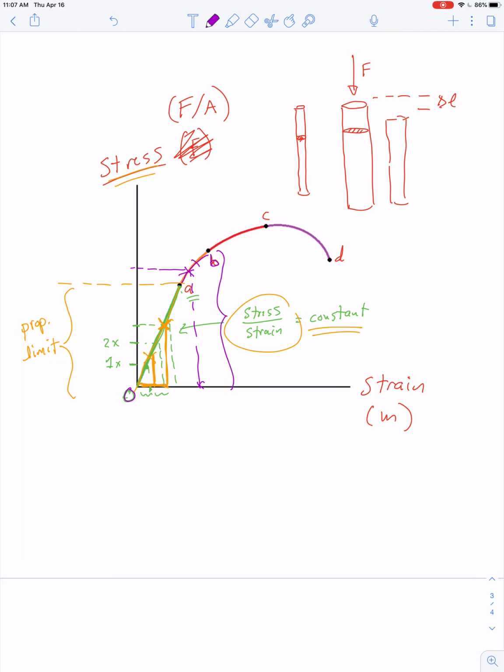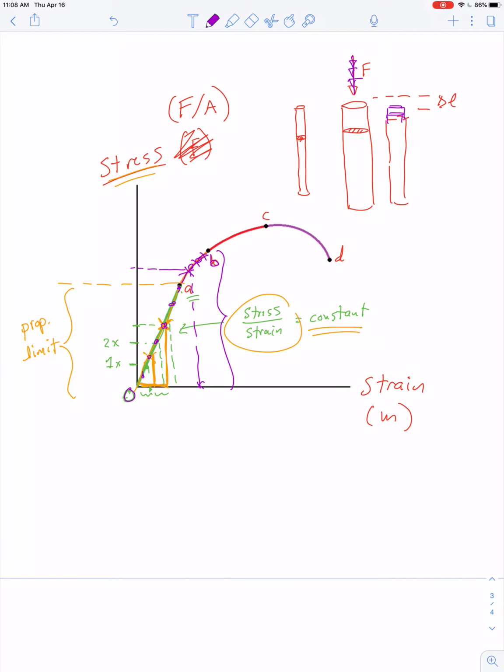If you continue to stress it, and now you start to remove the stress, if you start to take weight off of the bone and make the force smaller and smaller, and you record data points for the change in length, or the resulting strain, as you de-stress the material, you just get the same set of data points as you reverse the load.